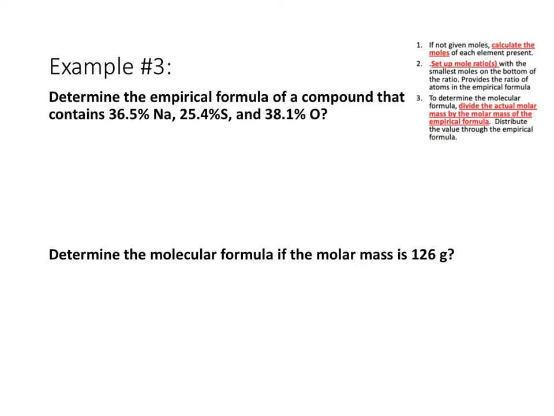So as you can see, this is our first example that has more than just 2 elements. So we will have to set up multiple mole ratios in order to get the ratio of atoms in this compound. And then instead of given grams or moles, we're given percents.